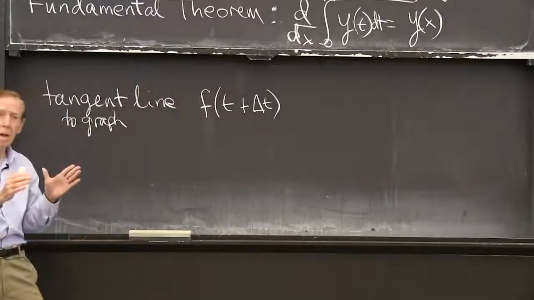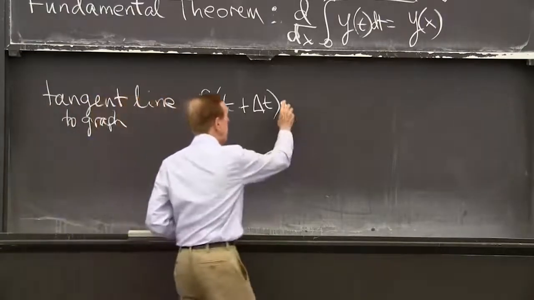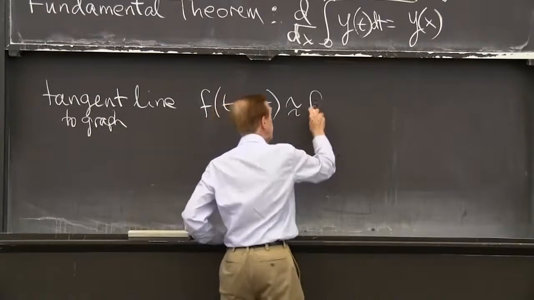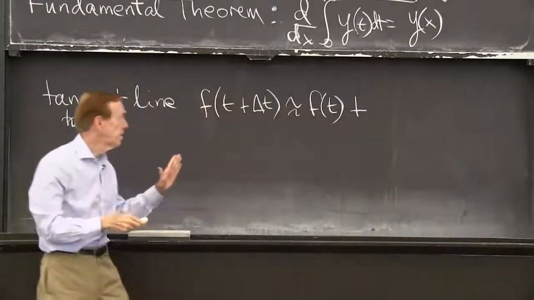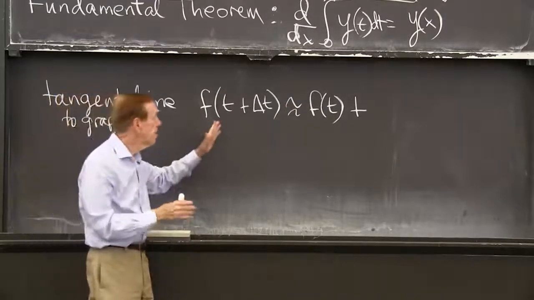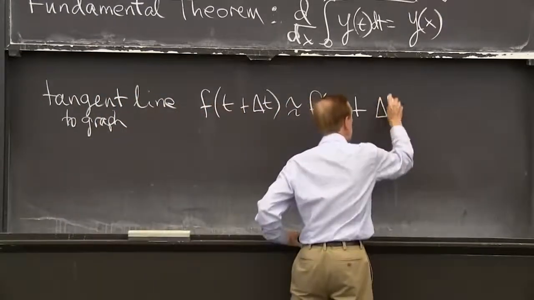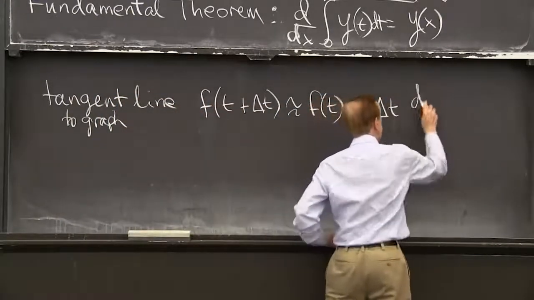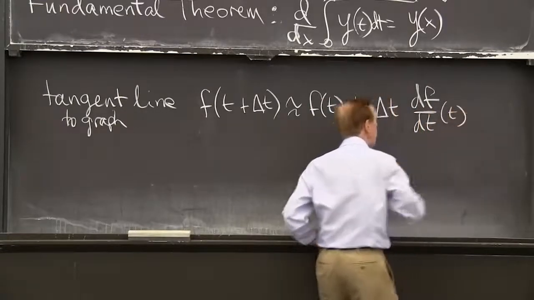A function at a point a little beyond t is approximately the function at t plus the correction, plus a delta f, right? And what's the delta f approximately? It's approximately delta t times the derivative at t.